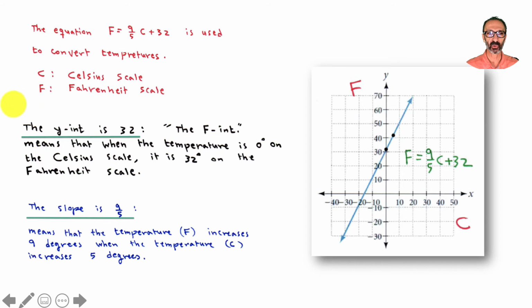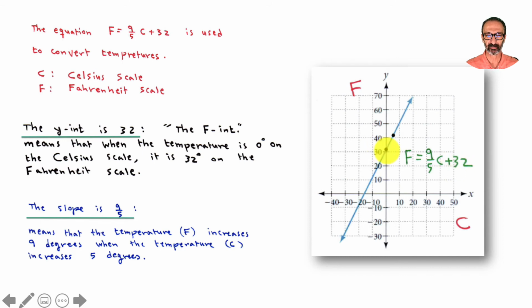What does the slope 9 over 5 and what does the y-intercept 32 mean in this problem? Because in math, when you speak rise and run and x and y-intercept, students sometimes don't get the concept, like, why do you have this? What's the benefit of it? Here's an example. The y-intercept is 32, so it crosses the y-axis at 32.